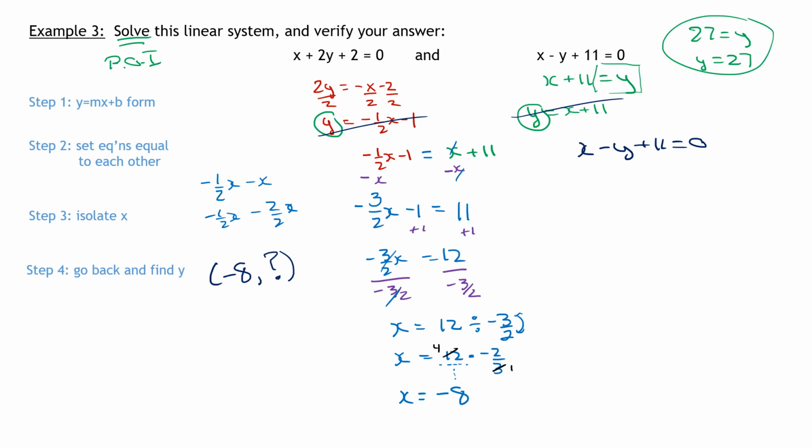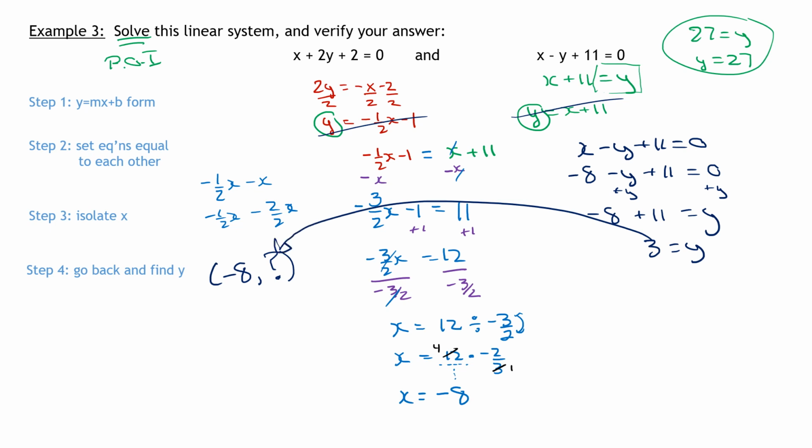I've got an x value of negative 8. Negative 8 minus y plus 11 equals 0. I'm going to add y to both sides. And I have negative 8 plus 11 equals y. So negative 8 plus 11 is 3. Now I can put this in here.